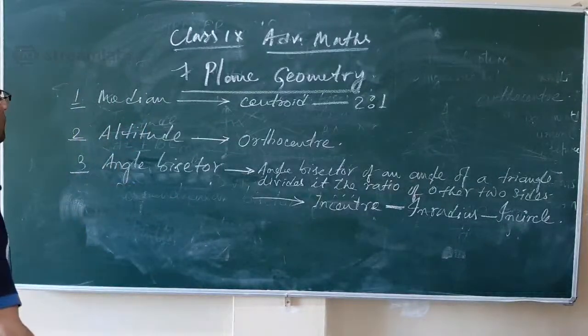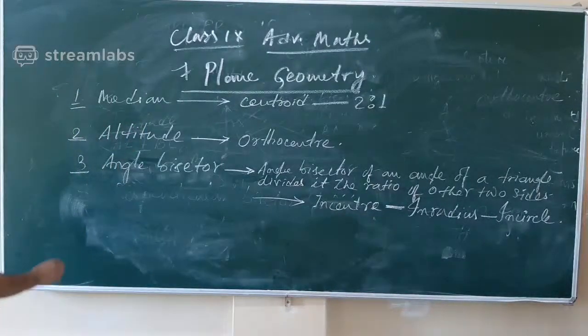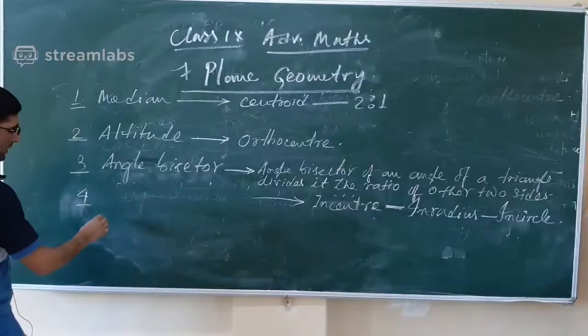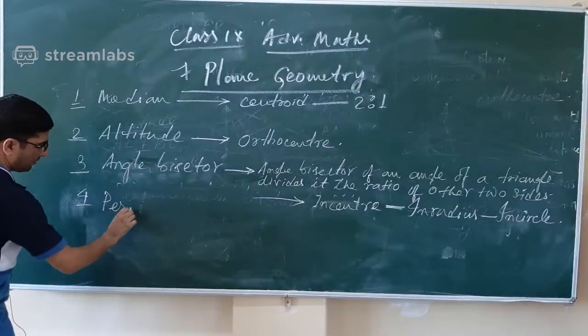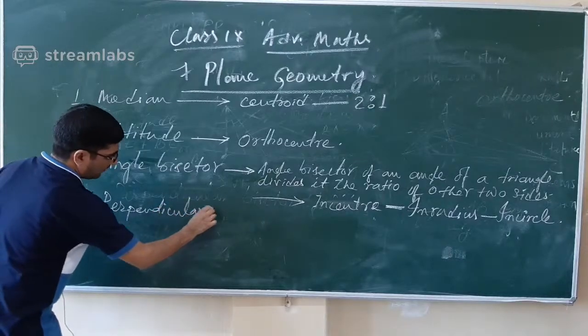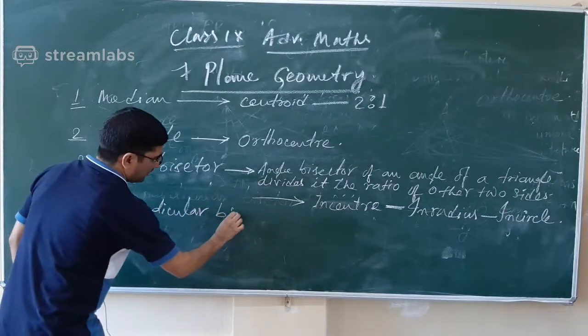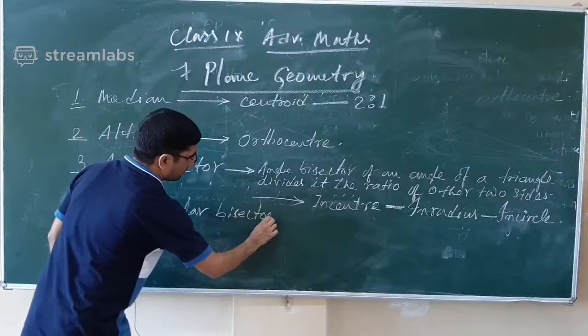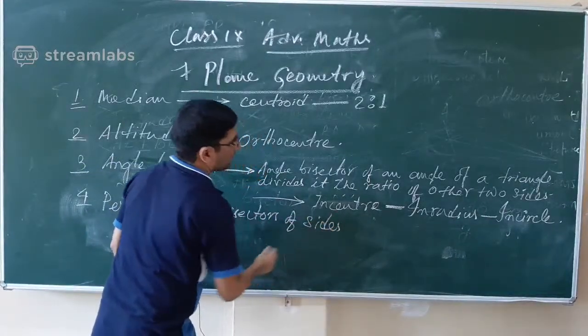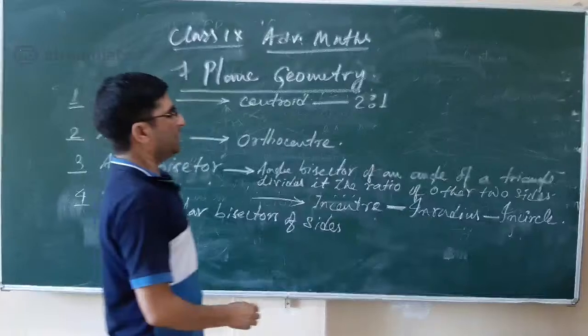The fourth point is perpendicular bisectors of sides.